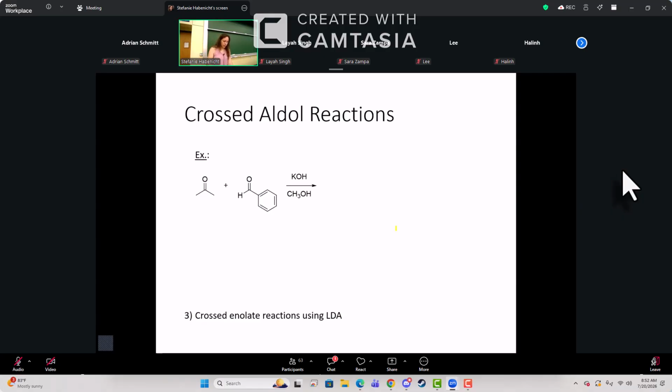It's very nice. So we're reacting acetone with benzaldehyde. Looking at benzaldehyde, there's only one alpha carbon. It's not sp3 hybridized, but sp2 hybridized, and it doesn't have any alpha hydrogens either. Acetone, on the other hand, does have 2 alpha carbons.